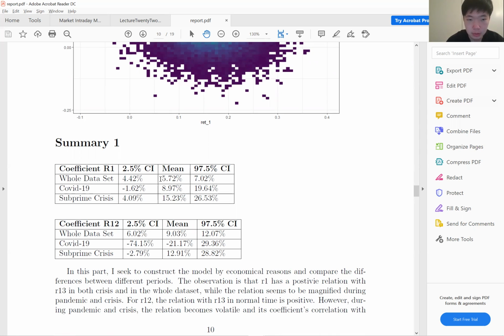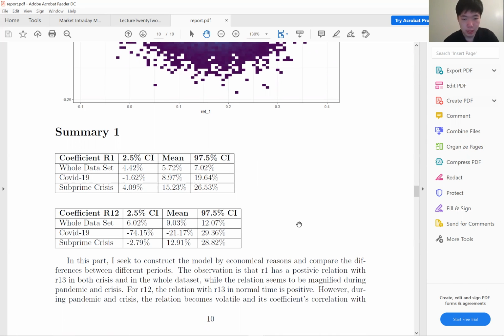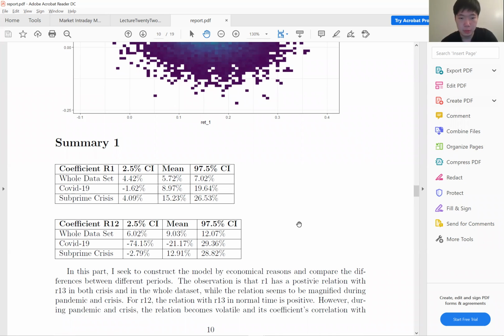As we can see, the mean in the whole dataset was 5.72%, while it jumps to 8.97% in COVID-19 and jumps to 15.23% in the subprime crisis. However, during the pandemic and crisis, the relation between R12 and R13 becomes very volatile and uncertain.